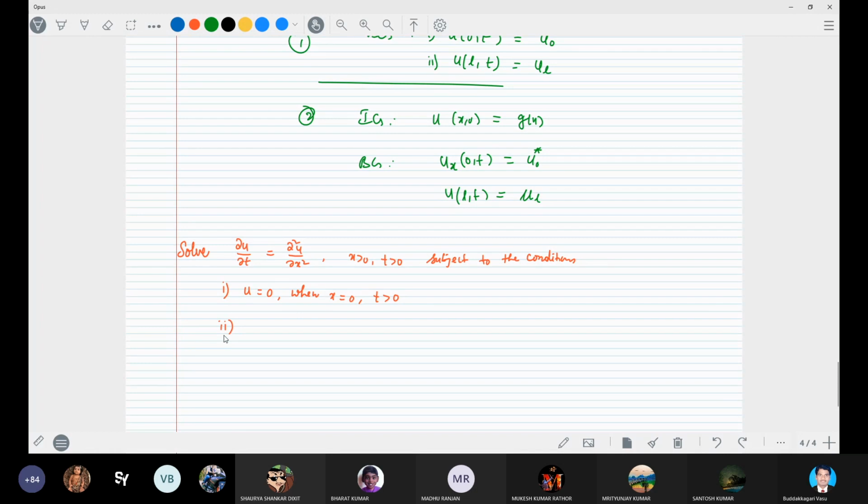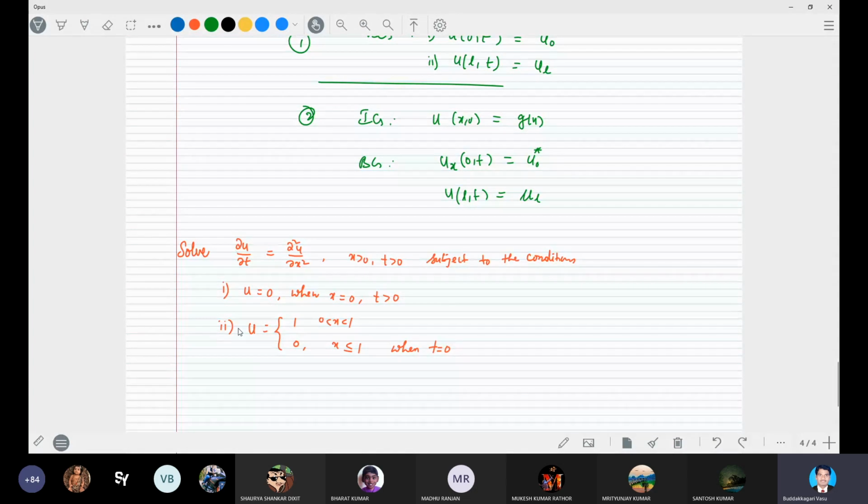Number 2, u is equal to 1 when x is greater than 0 and less than 1, and 0 when x is greater than or equal to 1, when t is equal to 0.